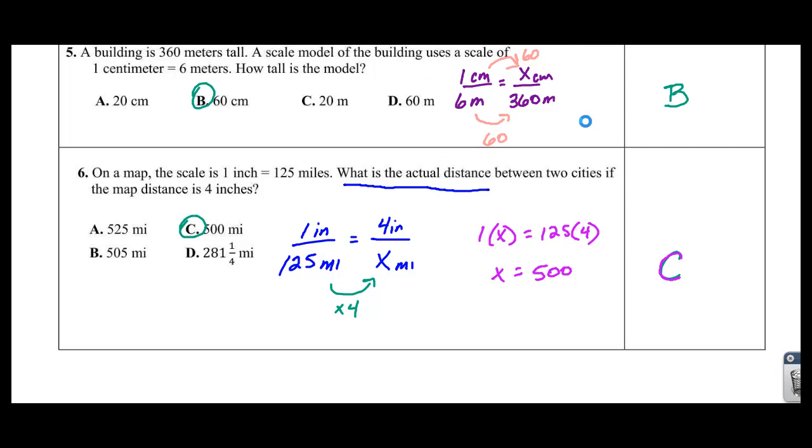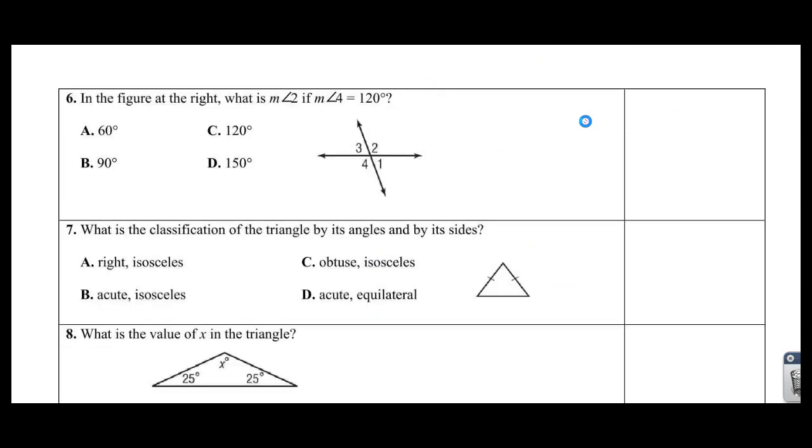On to the next page. In the figure at right, what is angle 2 if angle 4 is 120? Well, if angle 4 is 120 degrees, then angle 2 is 120 degrees, because angle 2 and angle 4 are, what are they?